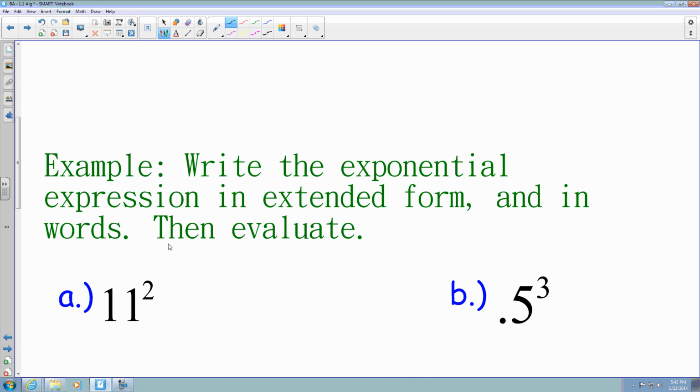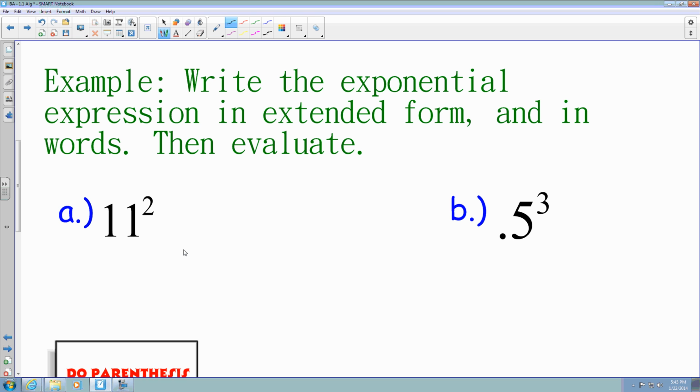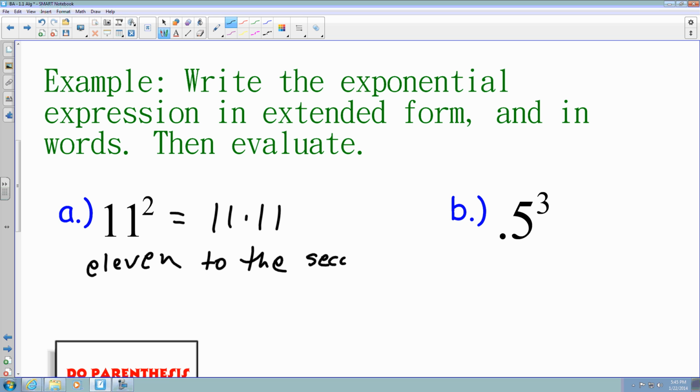So I want to write the expression in extended form, and I also want to write it in words. The extended form is like the expanded form, so the extended form is 11 times 11. If I were to write this in words, it would be 11 to the 2nd power.